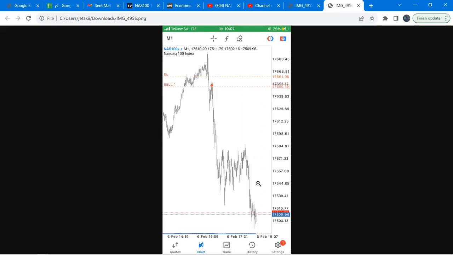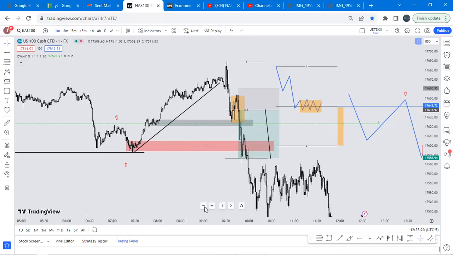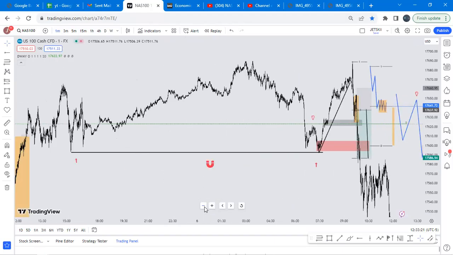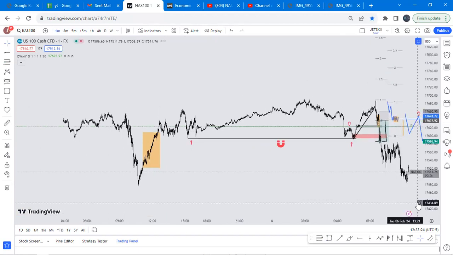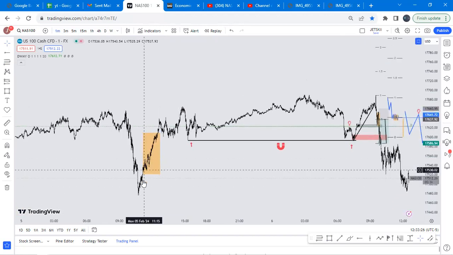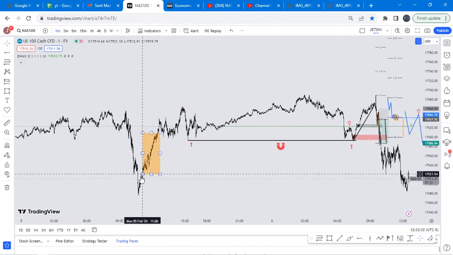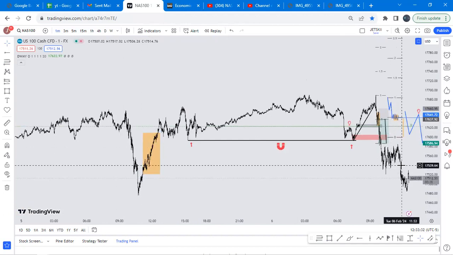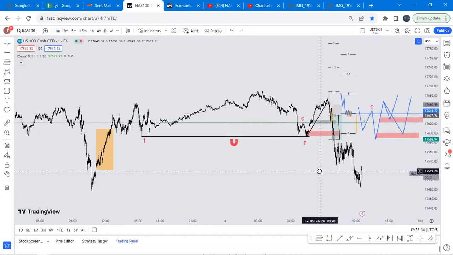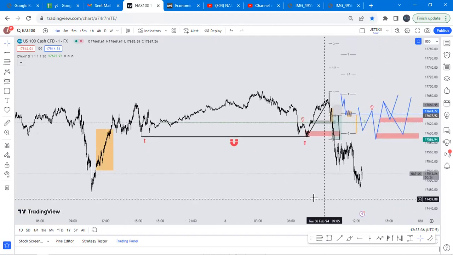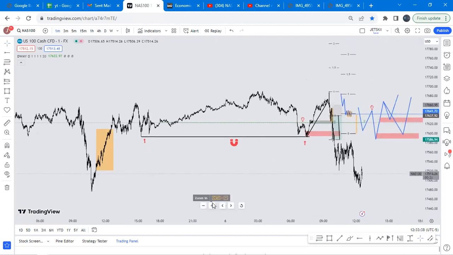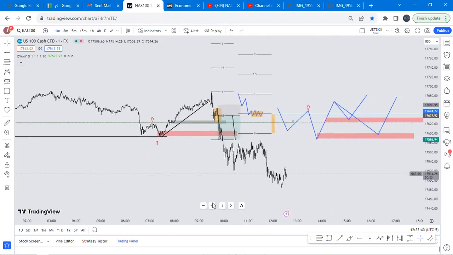I mentioned that there's a liquidity void at that level, and here too, so you can even target the low or even here if you want to. So that's why I was actually holding these markets. Actually, I am still holding these markets.